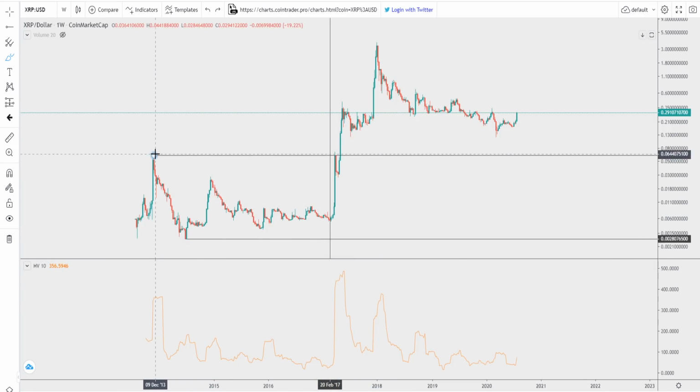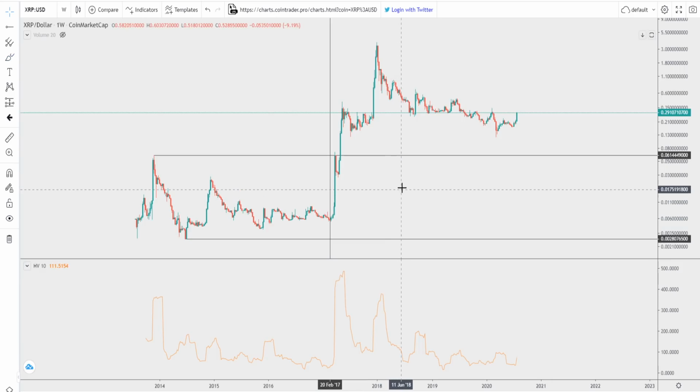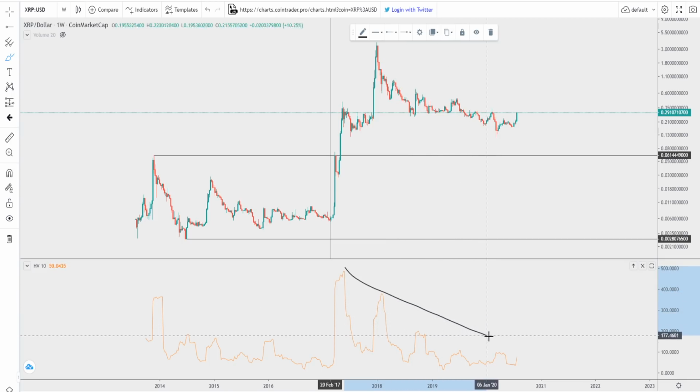As you can see, after each single blow, the volatility starts to decrease. This is natural in market behavior, also people behavior. So this is nothing new at all, despite whatever the moon folks are saying out there. And here we had a divergence. From time to time the volatility starts to decrease until the bull break or bear break point.